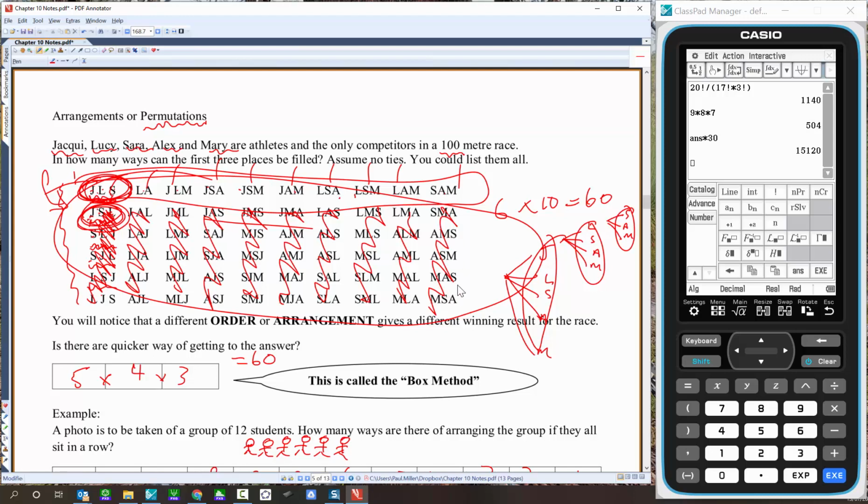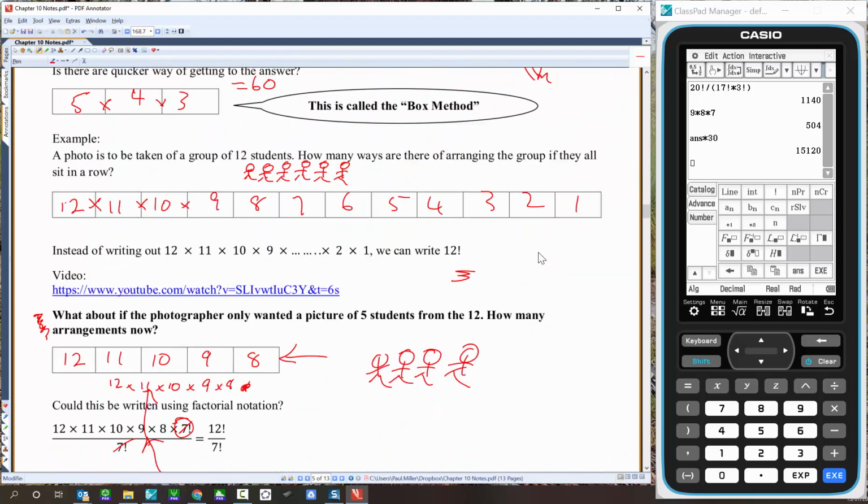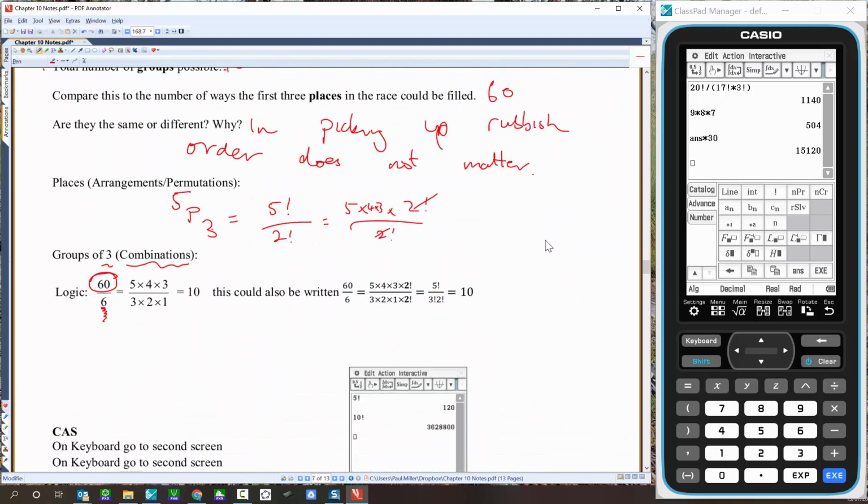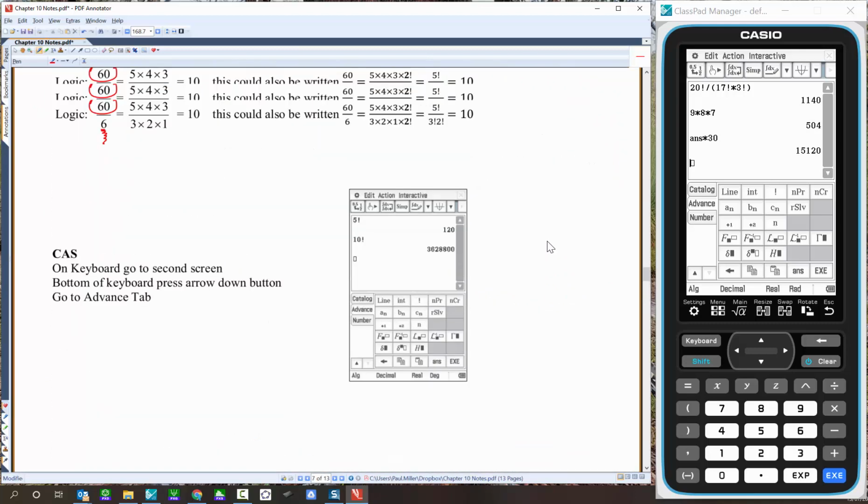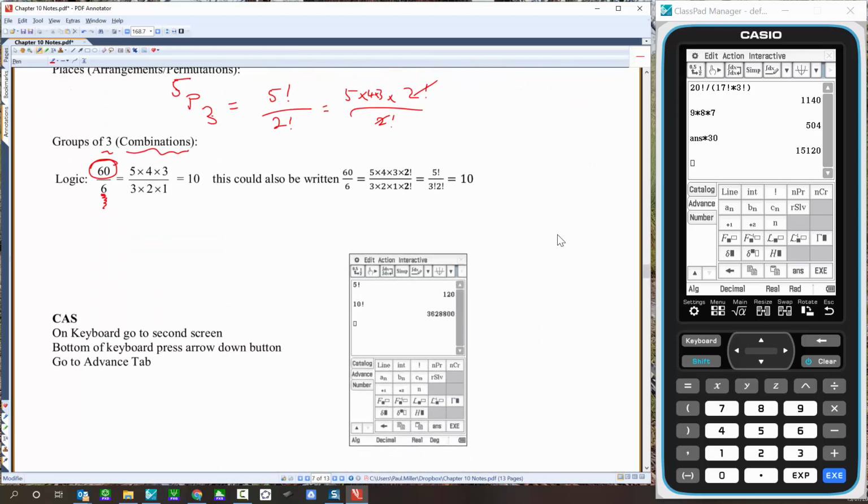So to vet those options out, I simply divide these 6 by 6, leaving me with one particular selection. I've got to be careful with my language here. So SAM is the same selection as SMA. It's not the same arrangement, it's the same selection. So what I can do is divide the number of different permutations or arrangements by 6 to get the selections.